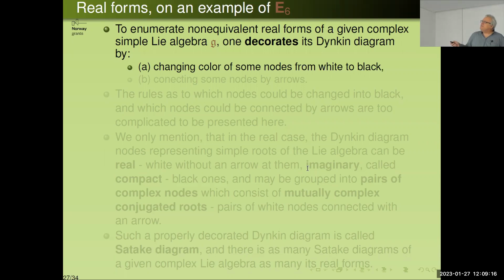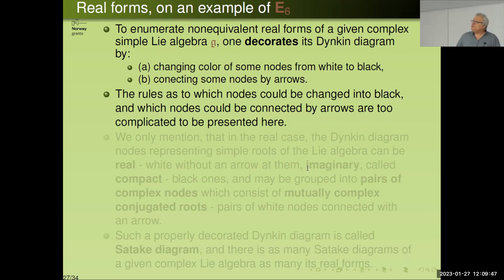One decorates its Dynkin diagram by, number one, changing the color of some nodes from white to black, and two, connecting some nodes by arrows. So you take a Dynkin diagram, which has all nodes white, and you put some of these nodes black and connect some nodes by arrows. That's not so simple, but that's the first approximation of how you do it. The rules as to which nodes could be changed into black and which nodes could be connected by arrows are too complicated to be presented here, so I put them away.